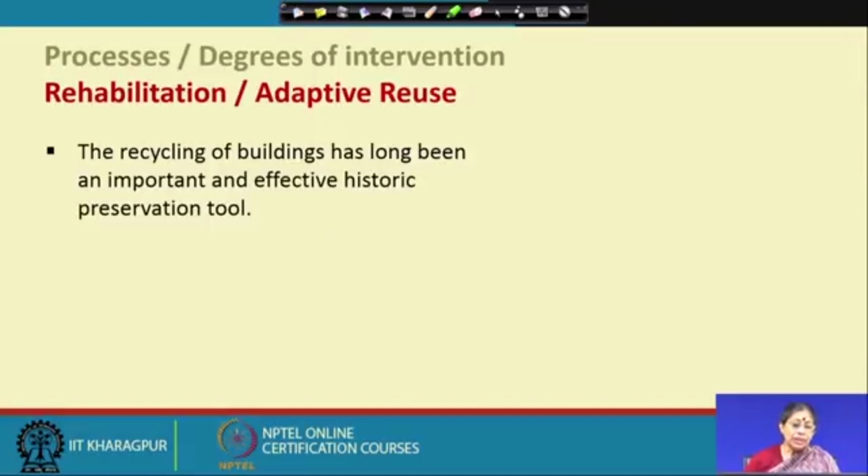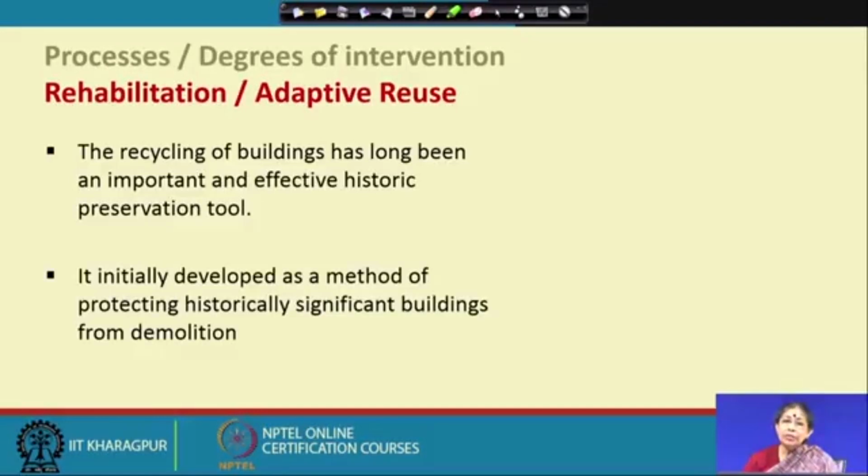Now, the recycling of buildings. It has long been an important and effective way so that a building is not demolished, and it has been used as a preservation tool, initially developed as a method of protecting historically significant buildings from demolition.